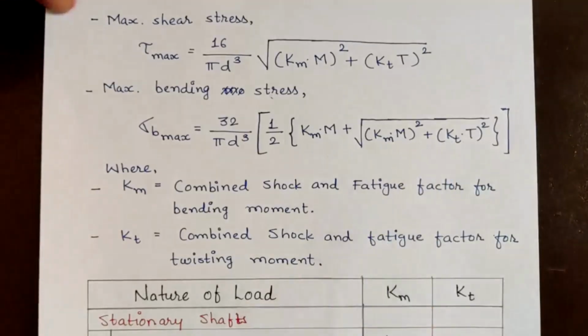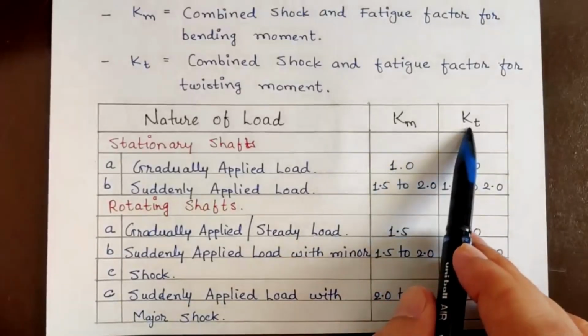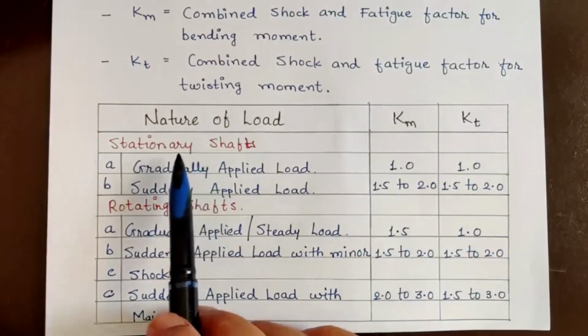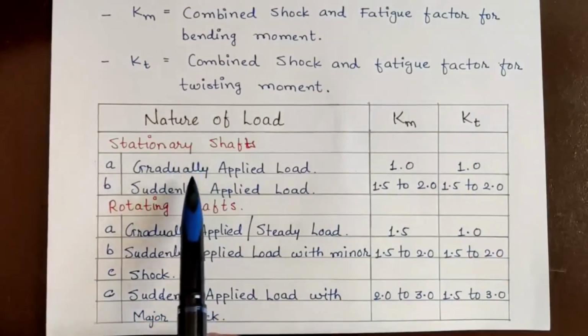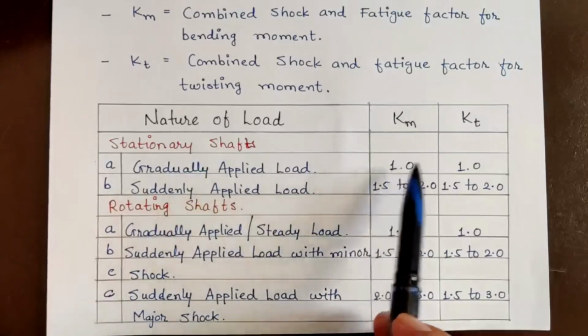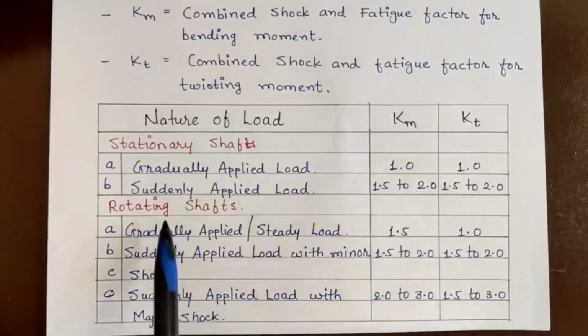Now we have one table to find the standard values of Km and Kt for different loading conditions. When shafts are stationary, we have two loading conditions, gradually applied load and suddenly applied load. Respectively we can find out Km and Kt. On the other hand, if shafts are rotating, then we have three loading conditions.